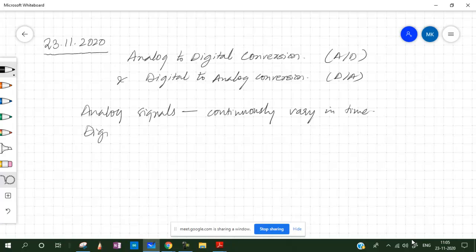Whereas digital signals are the signal, or the information, at a particular instant of time only.